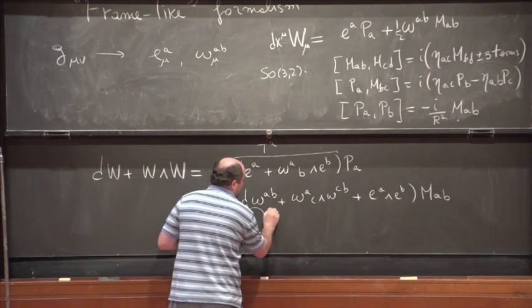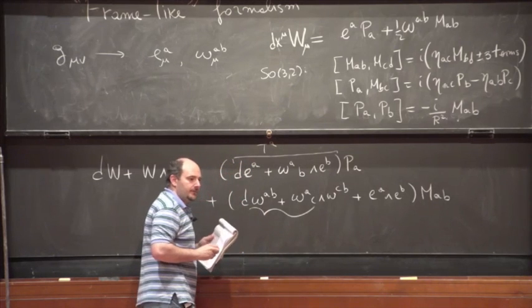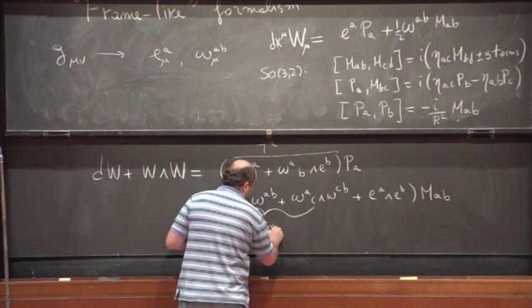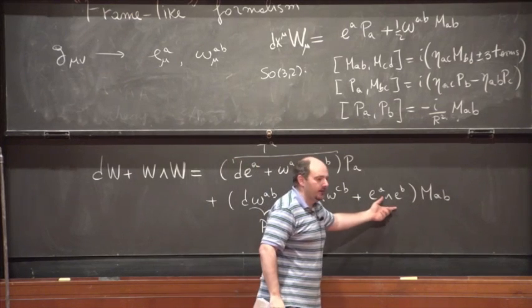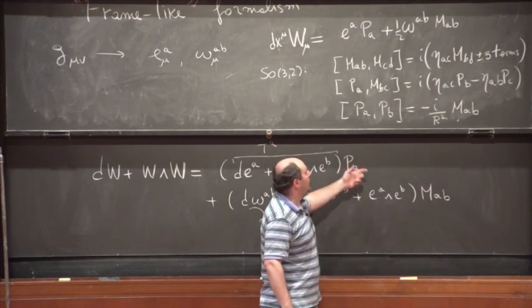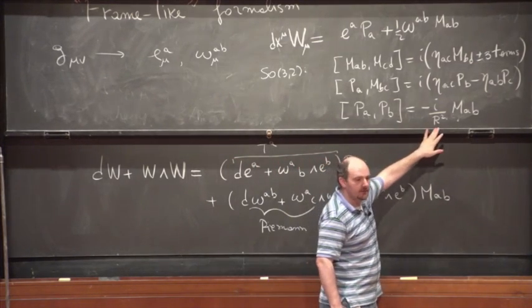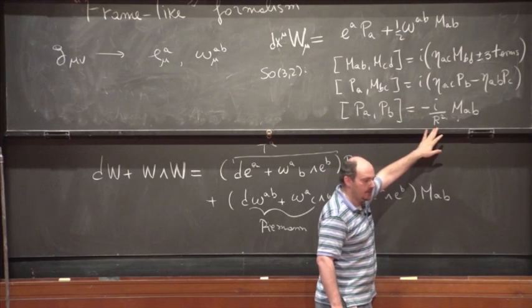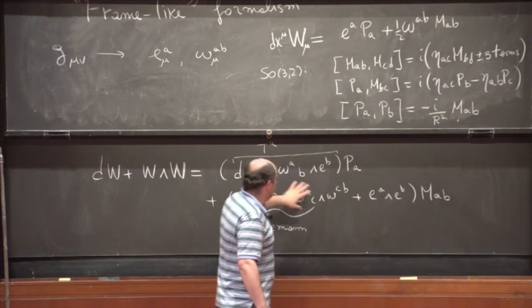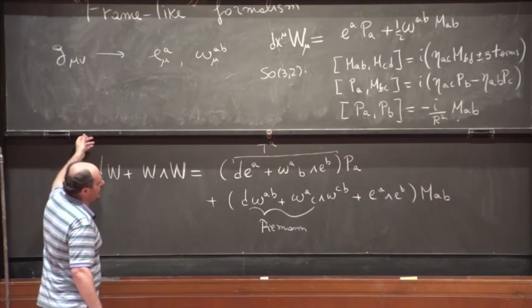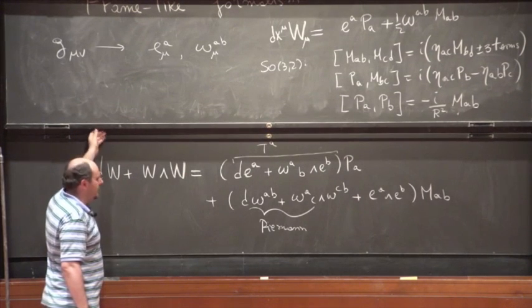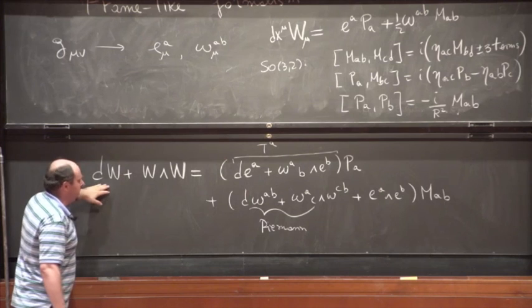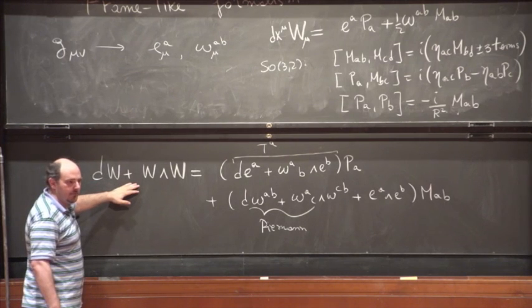This is just the usual Riemann curvature 2 form. And then you have this extra cosmological term, which comes from this commutator. So if this was 0, this wouldn't be there. Okay, so this is the curvature of this field. And then you recognize that a maximally symmetric background in this formalism is just a zero curvature background.